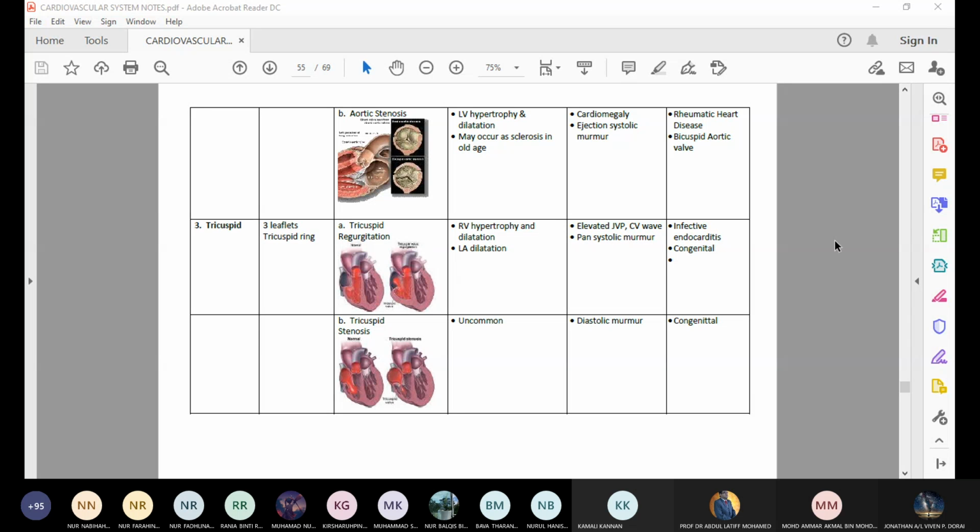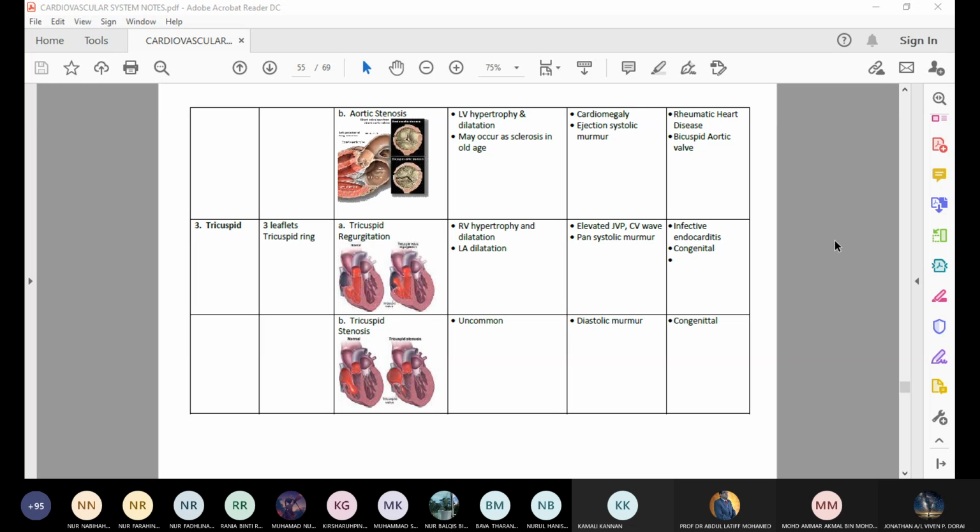This condition is called infective endocarditis. So Staphylococcus will travel through the venous system and land on the tricuspid valve and damage the tricuspid valve and cause tricuspid regurgitation.